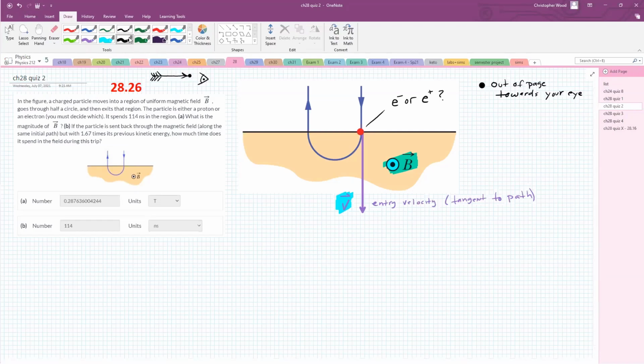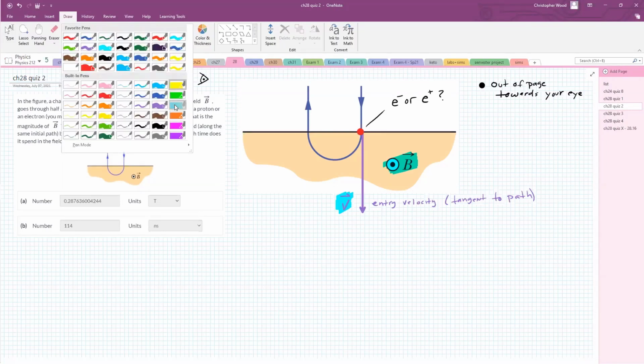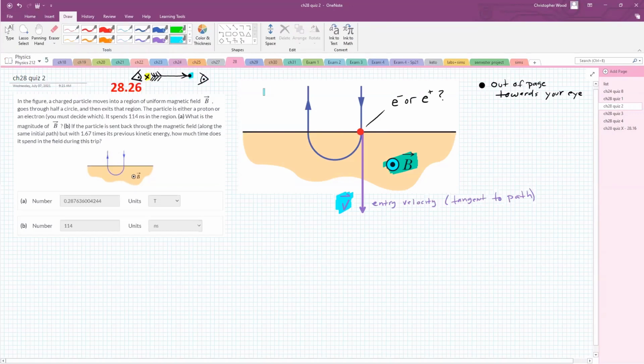If on the other hand, I'm looking at the arrow going away from my eyeball, like I'm drawing here, looking at the tail feathers of an arrow, I'm seeing it as just an X. So X means something is flowing away from you. A dot means something is flowing towards you.